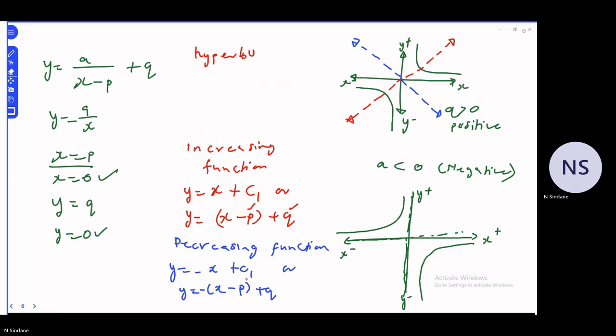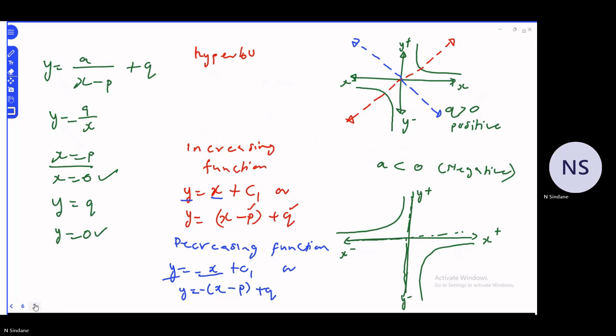That is how you can represent that one, where p and q are the coordinates of the asymptote. If you want to use the first formula, don't forget, you substitute the coordinates of the asymptote there to calculate the value of c. Then after that, represent it in terms of an equation, y is equal to mx plus c.